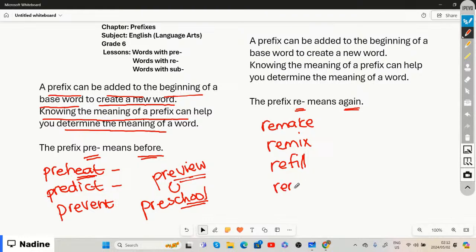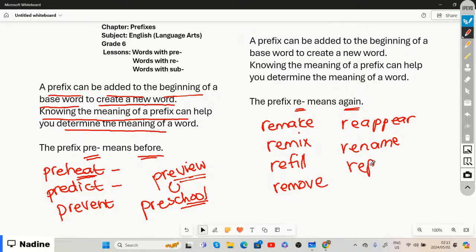Remove, like to take it away. Even if we say reappear. It's like you were there, but now you're appearing again. Rename. It's like the name was a specific name, and now you are giving it another name.